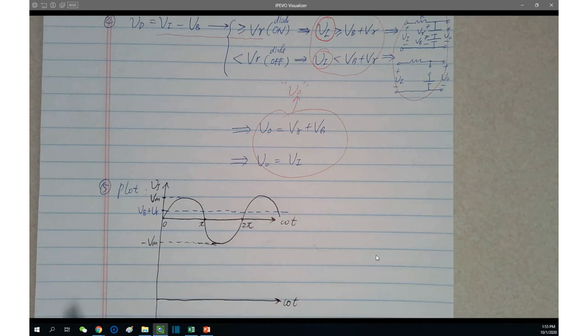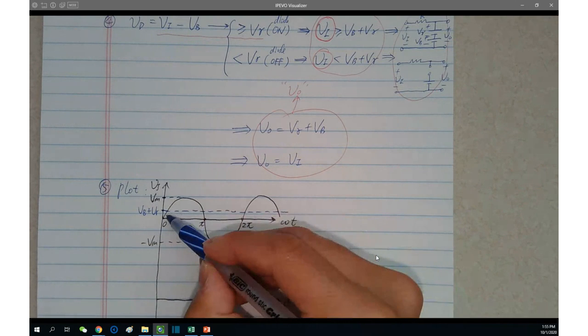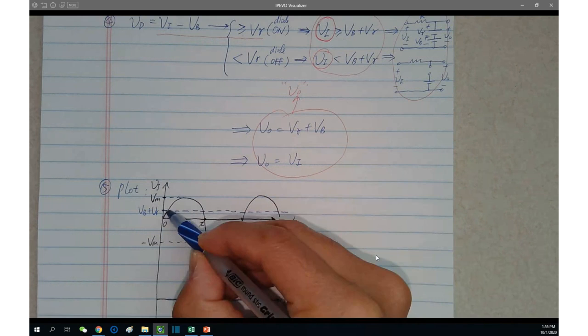Of course, VB and V gamma might be any value given in the exam, because in the exam the values are specified. But here, we don't have to. So let's see what happened. This part means what?